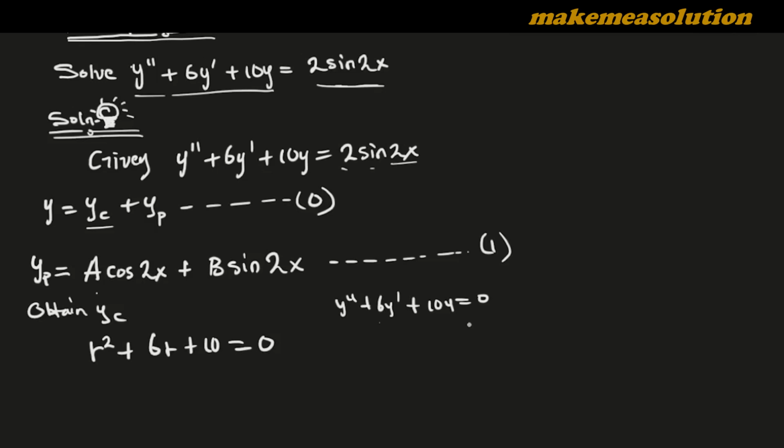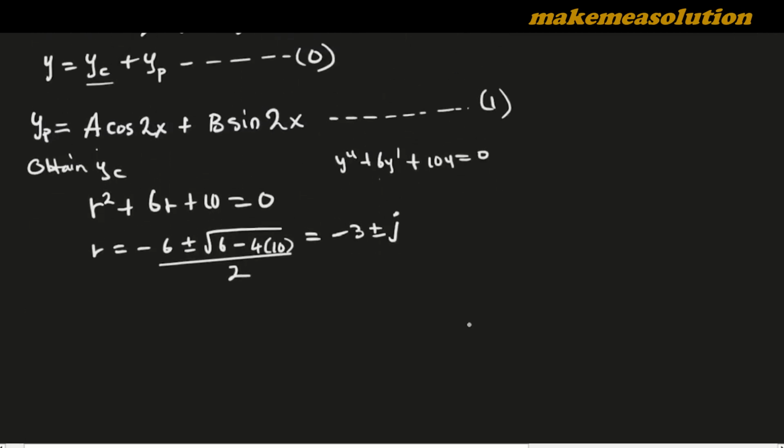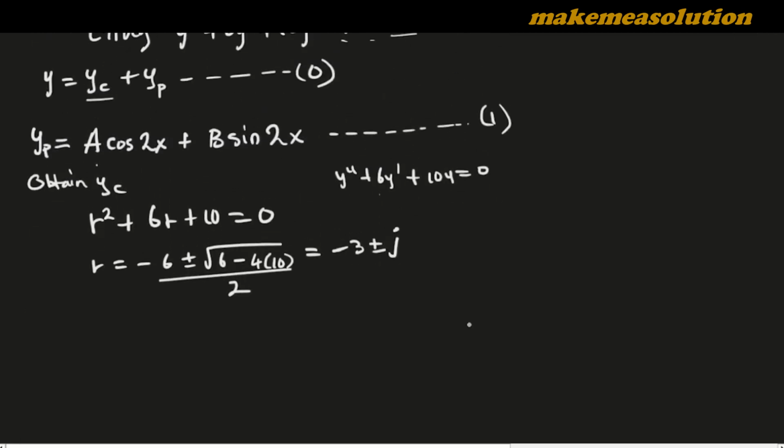Solving, you get r is equal to minus 6 plus or minus the square root of 6 squared minus 4 into 10, over 2. And if you solve it, it gives you negative 3 plus or minus j.